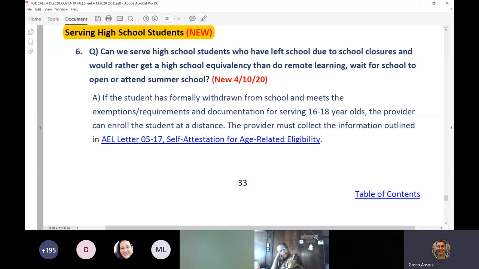We talked about this with the GED Testing Service yesterday. We're going to end up with bottlenecks where we have 50, 100, 200 students who need tests, and it will take us a lot longer to move people through that process.